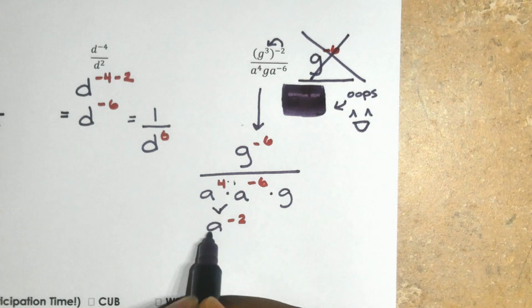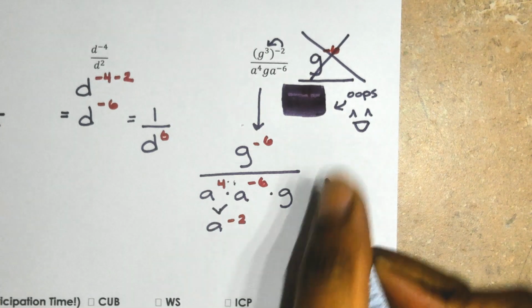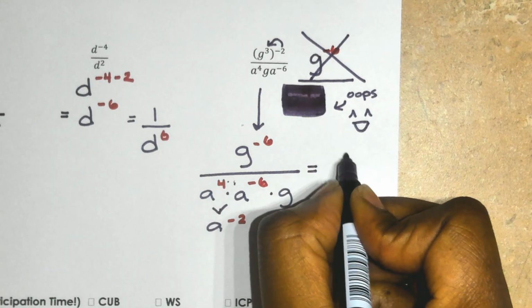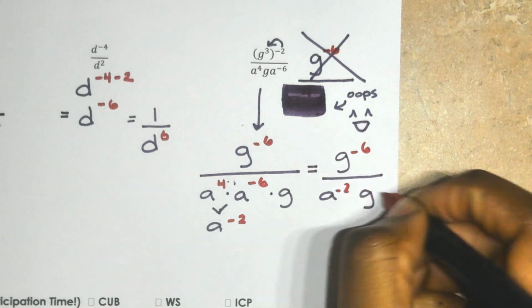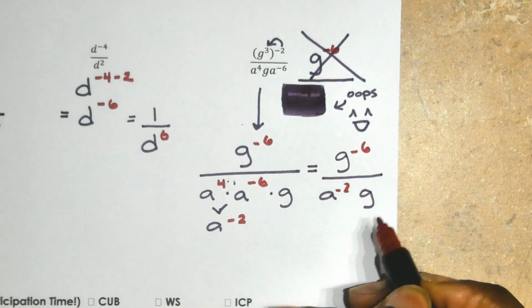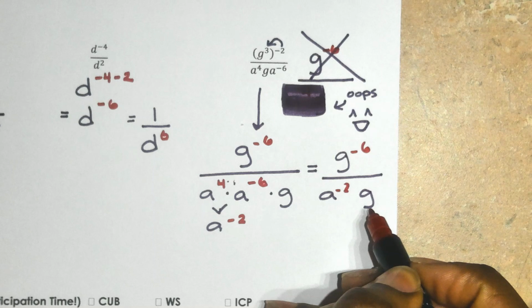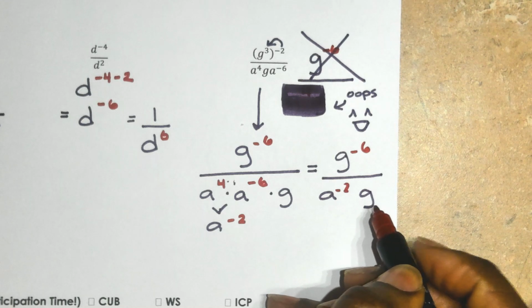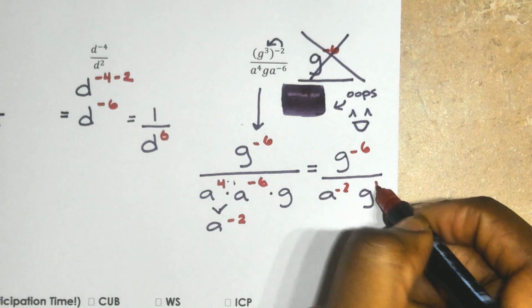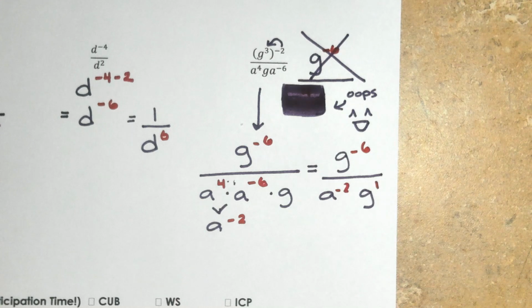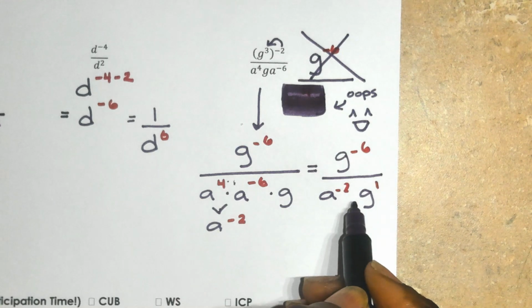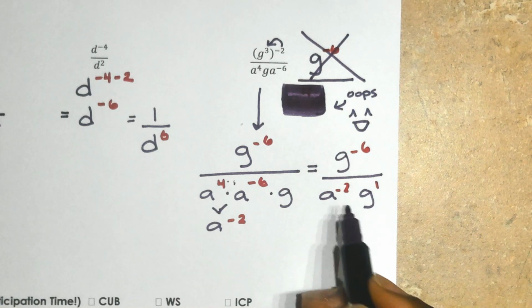Alright, so now I have a to the negative 2nd power times g on the bottom. I'm going to rewrite that. And this g by itself, remember when we have a term by itself with no exponent, that exponent is 1. So now I want to simplify this because there is more simplification to do.